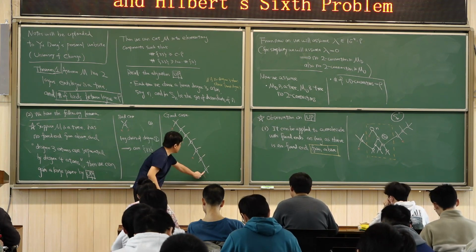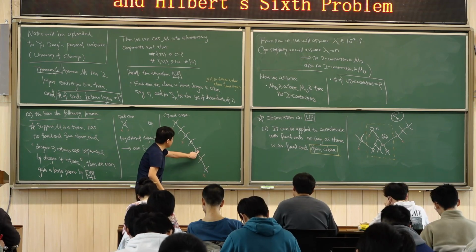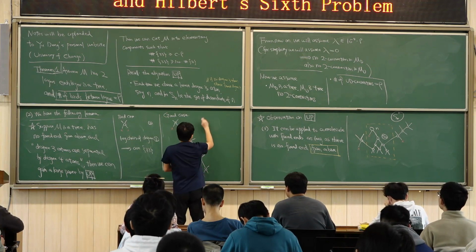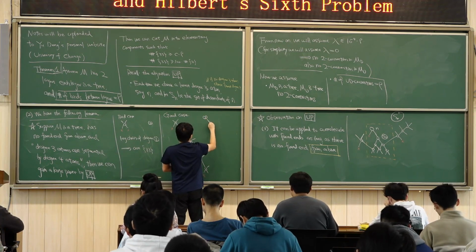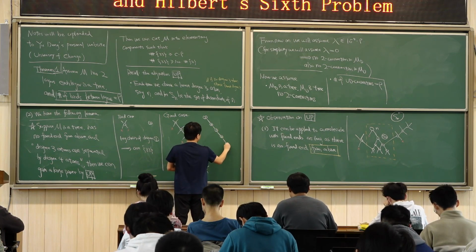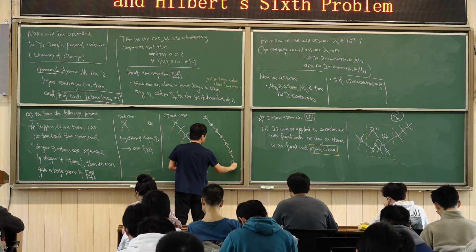Okay, so this is degree 3 and this is degree 4. And this degree 3, this degree 4, 3, 4, 3. That's when the degree 3s are separated by degree 4s. Let's just say, schematically you have a 3, 4, 3, 4, 3, 4, 3.